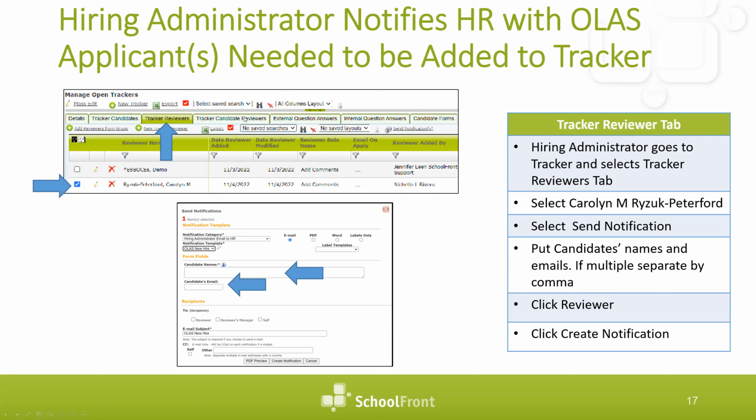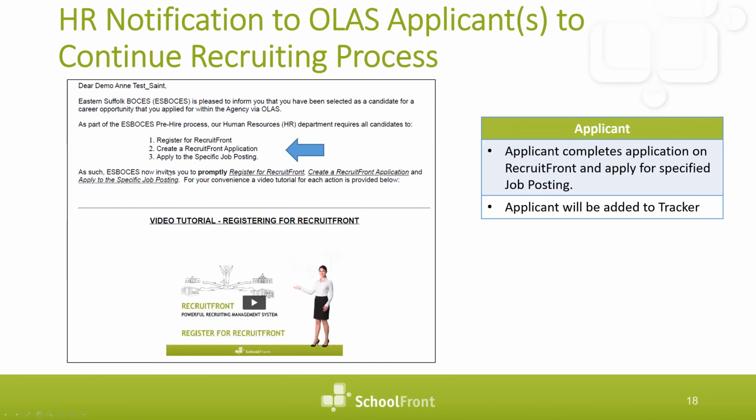Because Carolyn is a reviewer on all the trackers, you'll click here, click send notification, send her the name, and create the notification. What that does is Carolyn knows that you want to send it to that person. She'll send that email for that person to register. And then she'll add that person to the tracker.